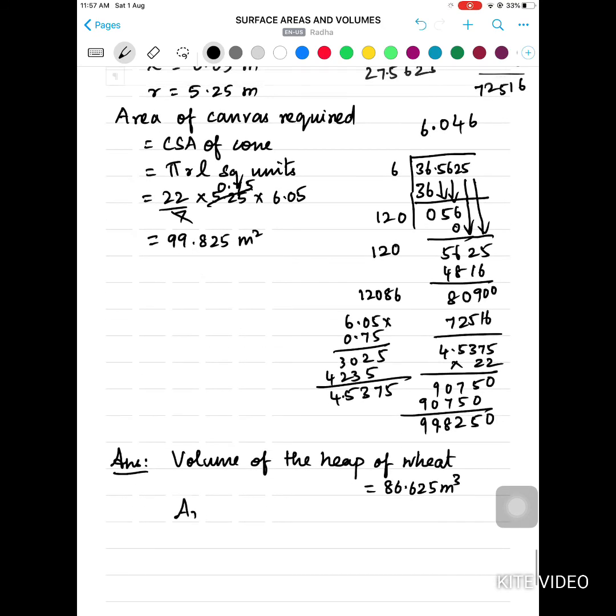And what is the area of canvas required? Area of the canvas required is equal to 99.825 meters square. Hope it's clear, children. Thank you.